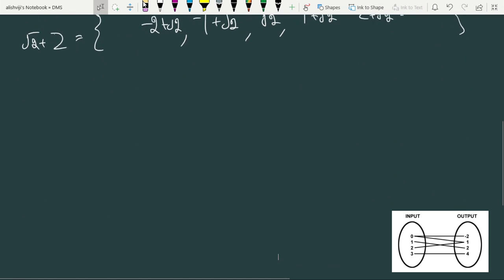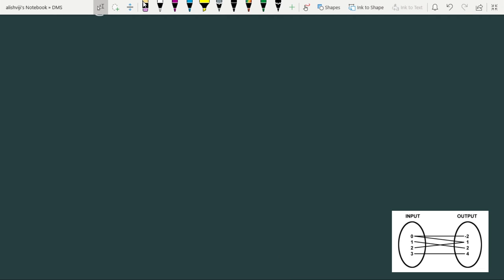So that's the concept of left and right coset of a subgroup in a group.